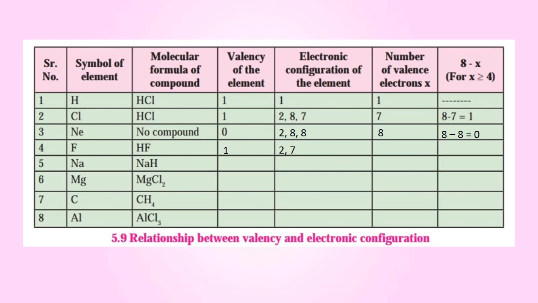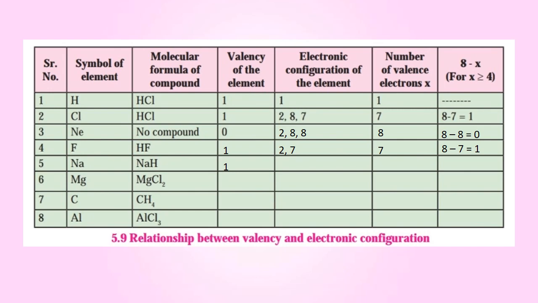So now when we see the electronic configuration, it is 1 electron less to complete the octet. That is why the valency will be 1. Number of valence electrons are 7. Similarly, 8 minus 7 is equal to 1.